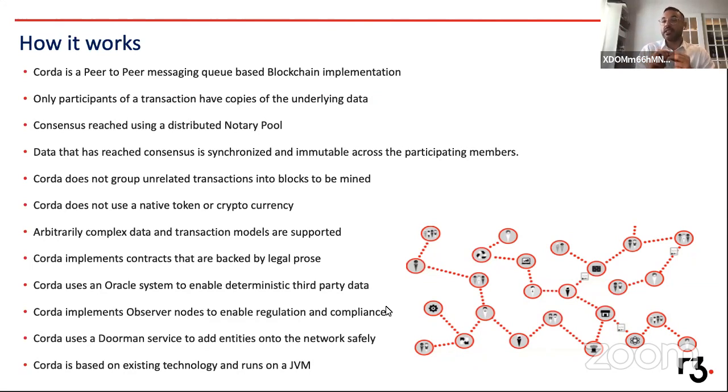The observer is like a listener onto all the transactions that only gets triggered if it meets certain criteria. So this isn't something that's happening behind the scenes. This is something that all of the business participants are aware of and can see the rules of all the observer nodes that were built into the system by whoever is the business network operator or whoever builds the Corda application.